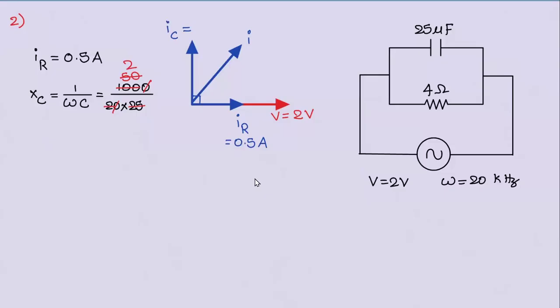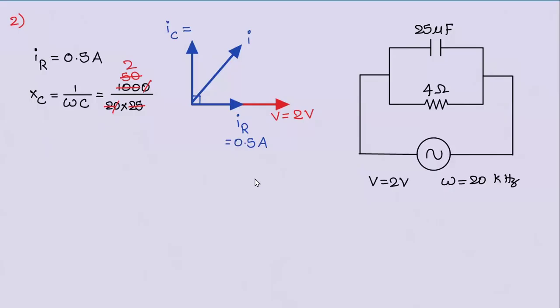Is it possible? Because one is 0.5, one is 2. One minute. There's something wrong there. 25 microfarad, right? 20 kilohertz, 50. Is it right?